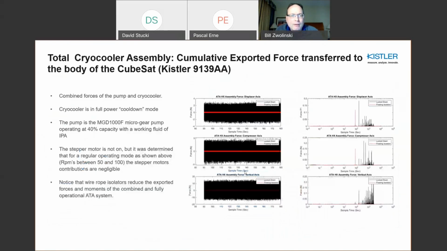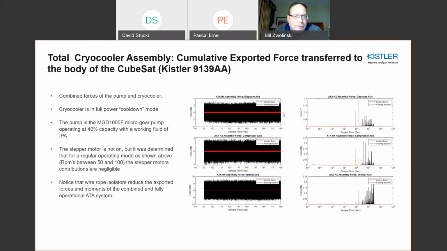What you see here is the result of a lockdown assembly, which is the black curve, where you see fairly high levels of vibration in the displacer, compressor, and vertical axis. And you see what happens when you have the floating isolation due to the wire rope isolators.